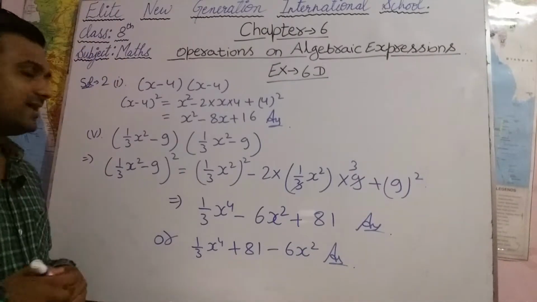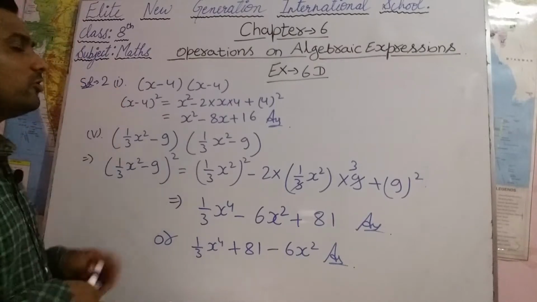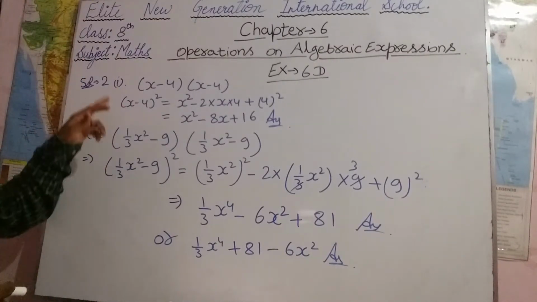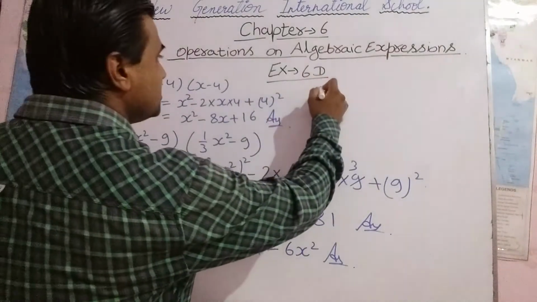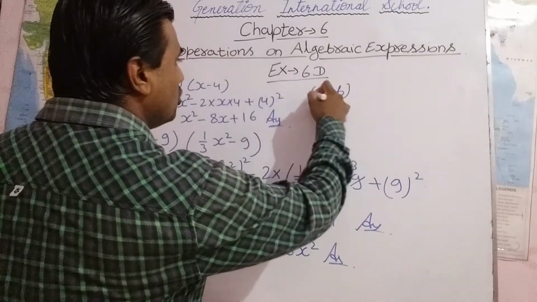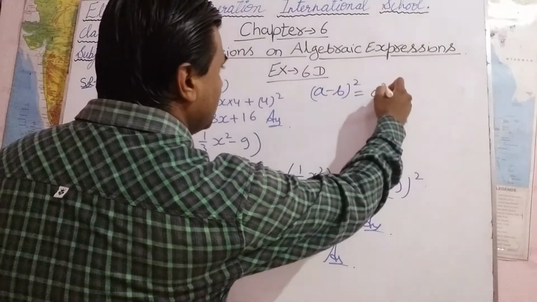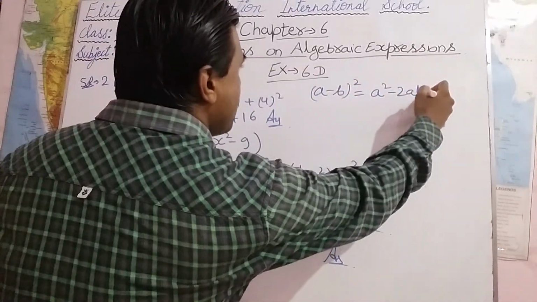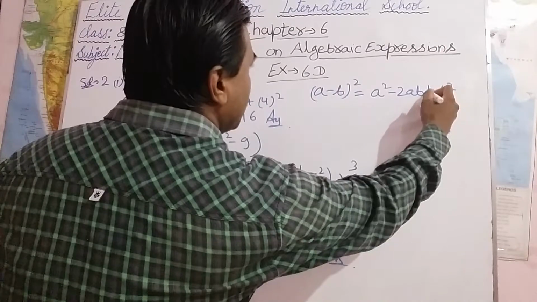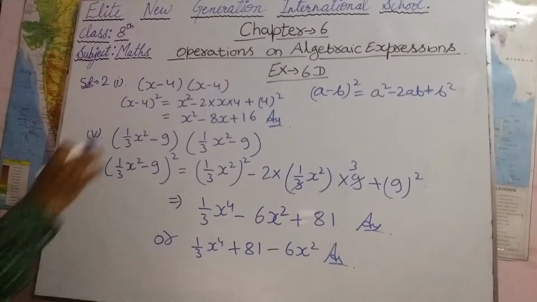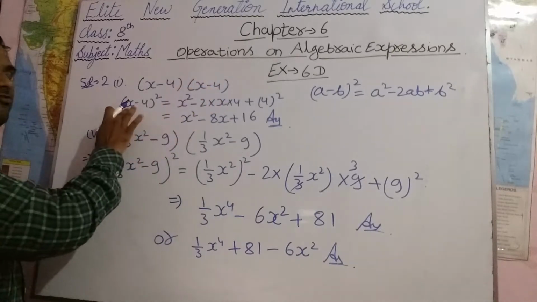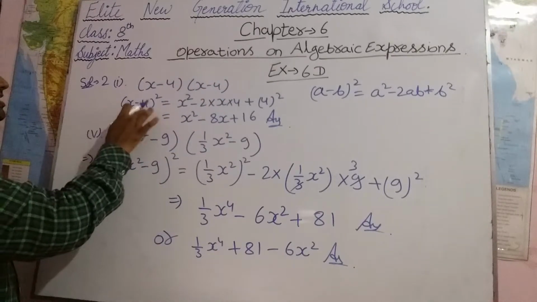In question number 2 also we have to find the product. So in the first part, x minus 4 into x minus 4. In this we can use the identity a minus b whole square equals a square minus 2ab plus b square. So by using this identity, x minus 4 into x minus 4 we can write as x minus 4 whole square.